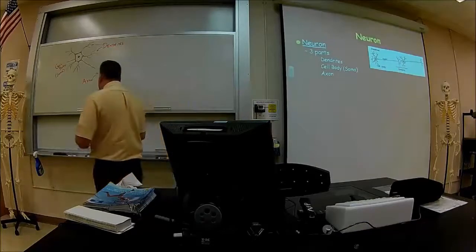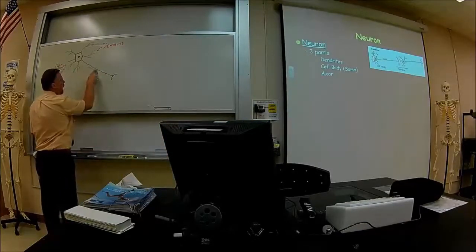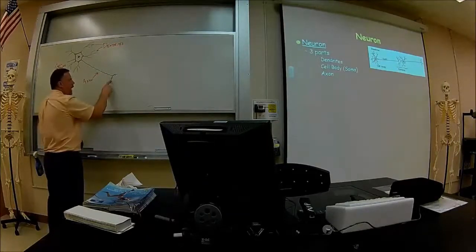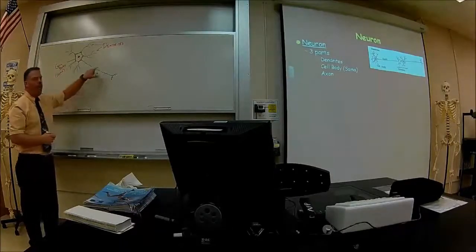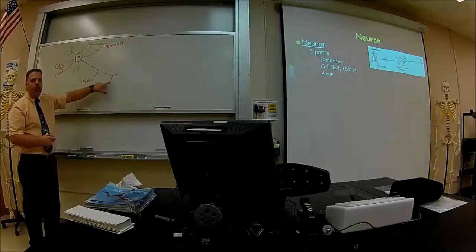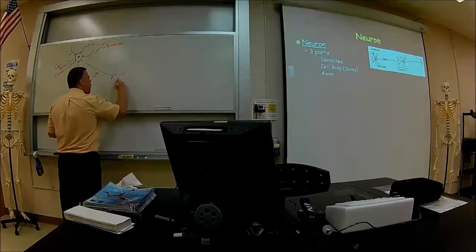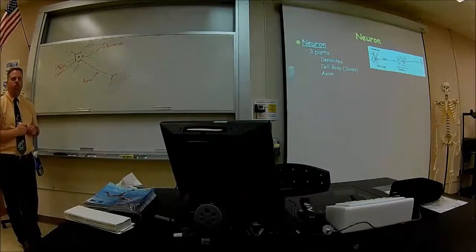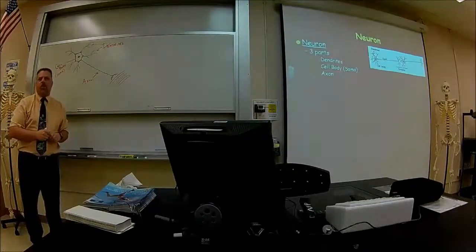What happens here, well, this is an axon, and then it terminates here, and that's called an axon terminal. These are the 3 major parts of a neuron, though. That's where it ends. It's called an axon terminal. And it usually will end at a muscle. It's called a neuromuscular junction, which you'll get to know later too.